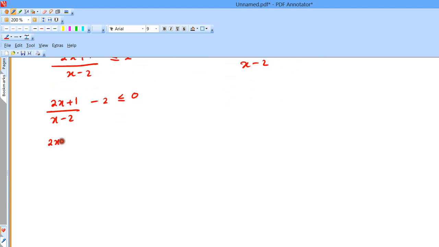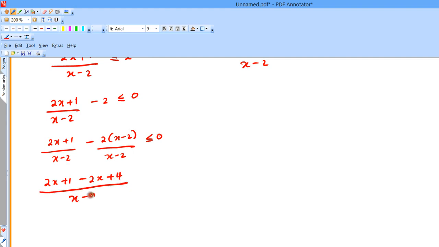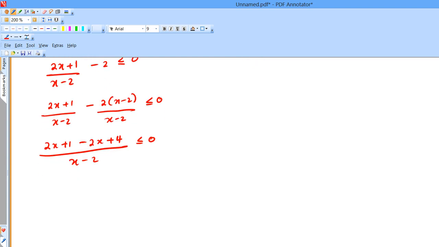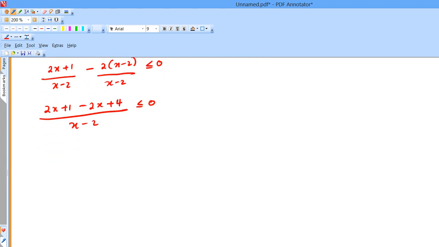We get (2x + 1)/(x - 2) - 2(x - 2)/(x - 2) ≤ 0, and then expand. We get (2x + 1 - 2x + 4)/(x - 2) ≤ 0. And then we can simplify. We get 5/(x - 2) ≤ 0.